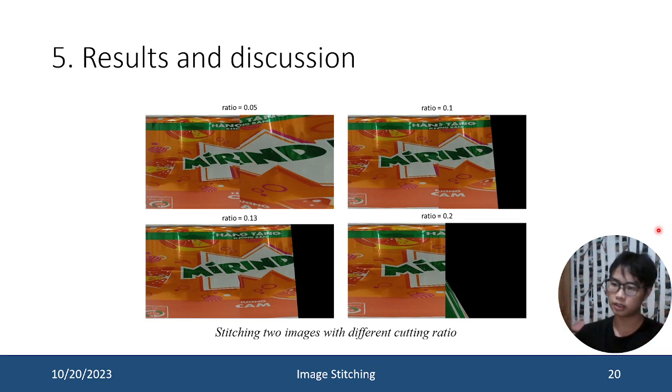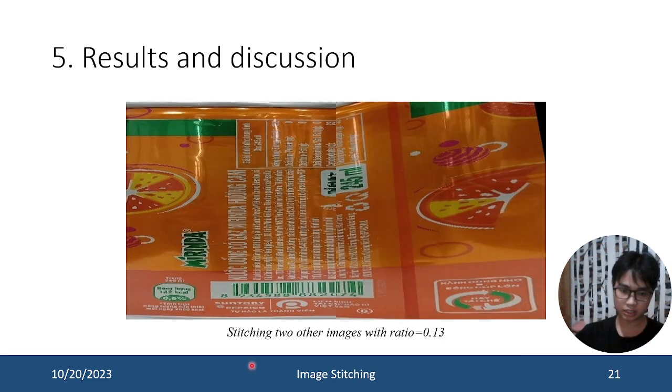In the figure here, we are stitching two images. Here's a difficult scenario. We stitch two images, but with the ratio test, we get a good result.